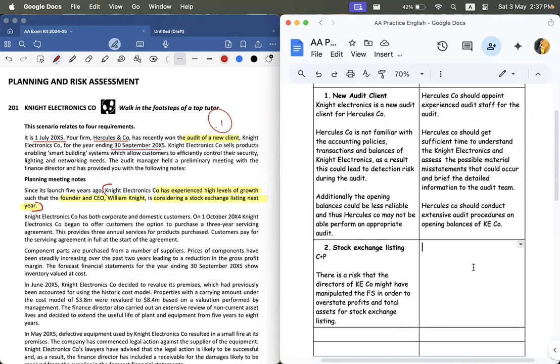Especially where there is any major decision taken, we are going to apply more procedures. We are also going to review all the judgmental decisions taken by the directors and all the one-off journal entries. So any possible misstatement that they could make, we are going to monitor.